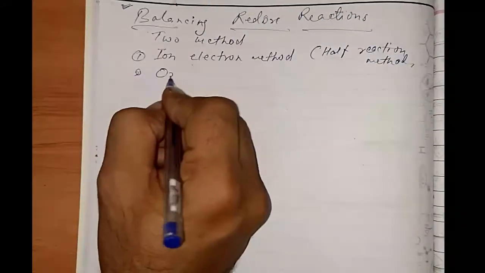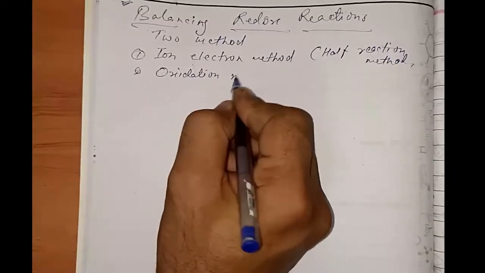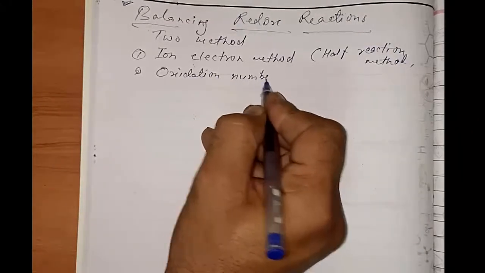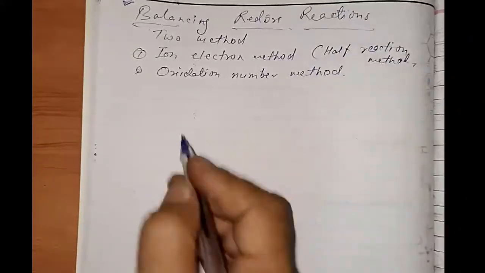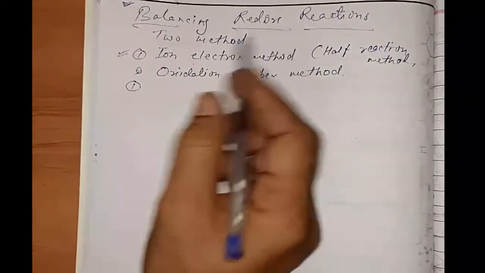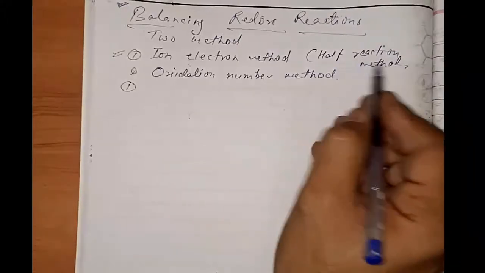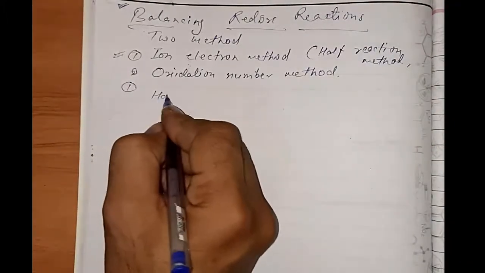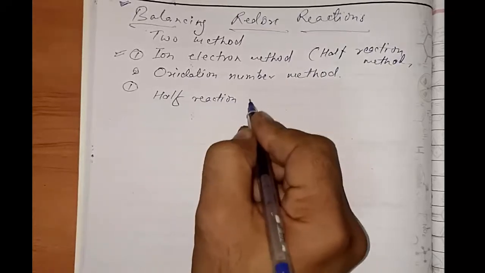And the second one is the oxidation number method. First, we will balance the redox reaction by the ion electron method, or half reaction method. So I write half reaction method.